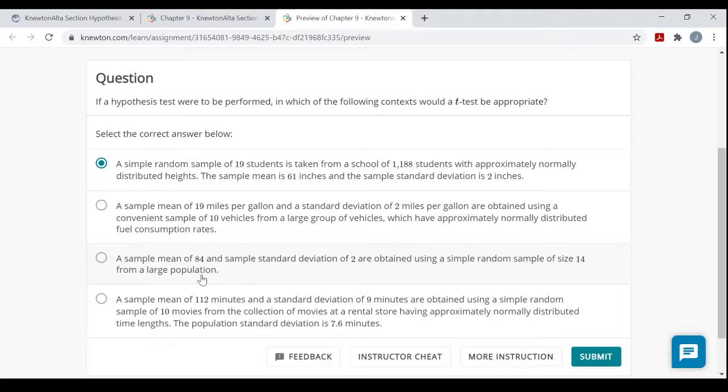Now for populations whose distributions you don't know, in order to be able to perform a t-test, we need a pretty large sample size. Again, usually the cutoff is 30 or greater. This sample size is too small to assume that we're going to be using a student's t distribution for the sample means.